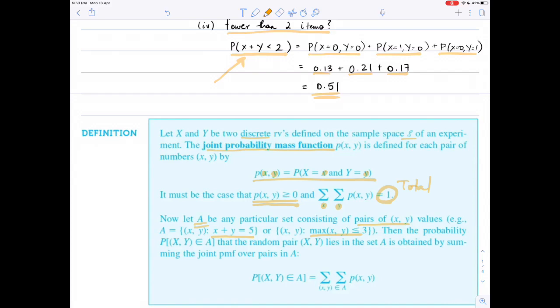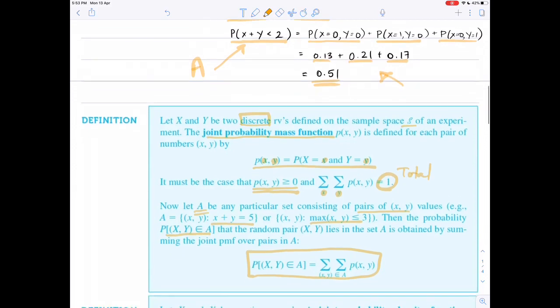This set A, this subset of all possible pairs, the probability that x and y is in this subset is the sum over all pairs in that subset of the probability. And that's exactly what we did up here. So that is all pretty intuitive. That is the discrete case.